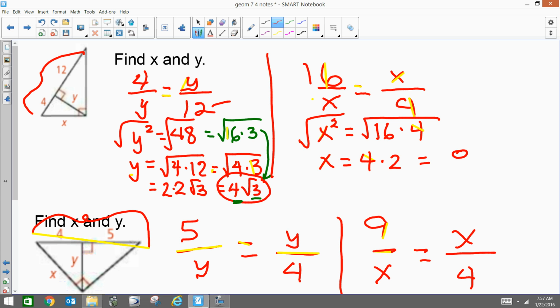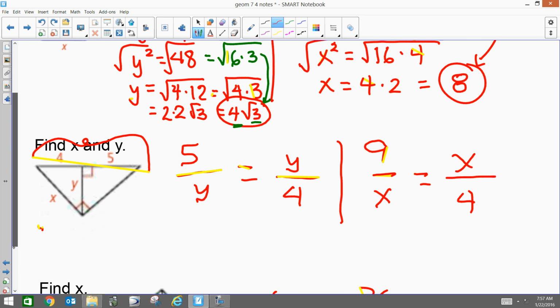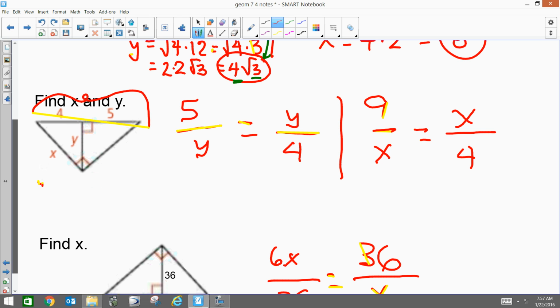X equals 8. Remember, if we had done x squared equals 64, and then take the square root, there it is. So either way, you're going to get the same answer. Okay, let's try this one. Y squared equals 20. Again, we got to simplify.